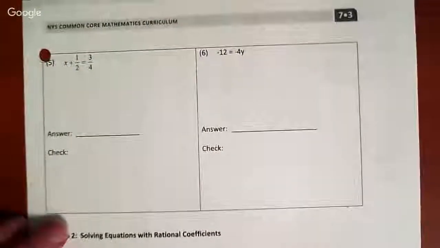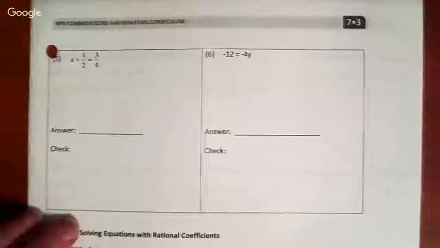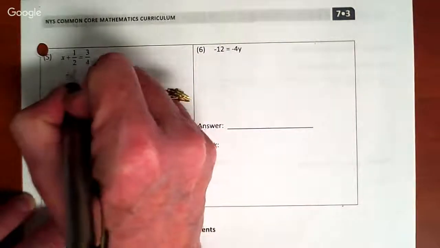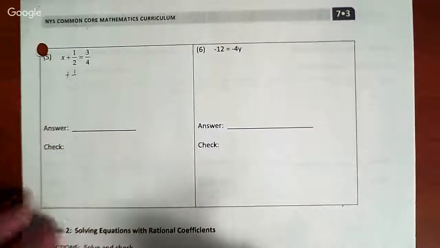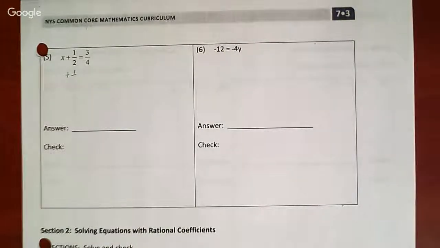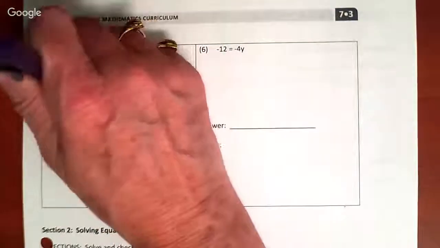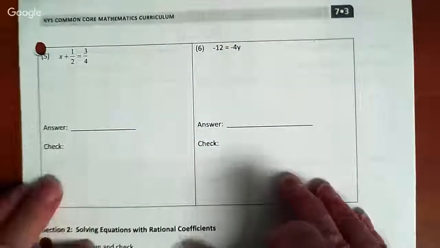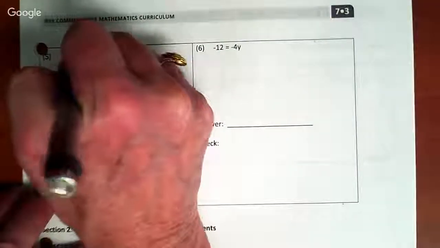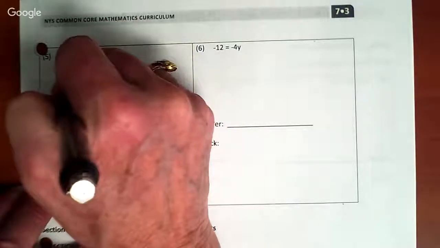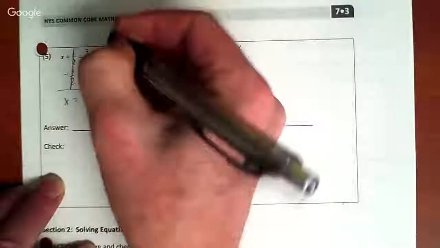We have rational numbers. So we have add 1/2. Subtract 1/2. So x equals 1/4.